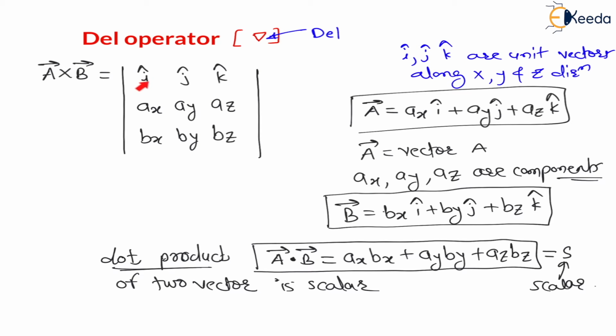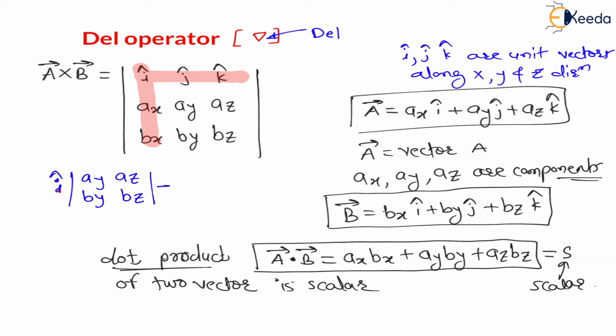Now how to find this determinant? See, first I have to take i cap. I cap into the determinant of, here I have to delete the first row and first column, and consider the other elements: the determinant of ay az, by bz.